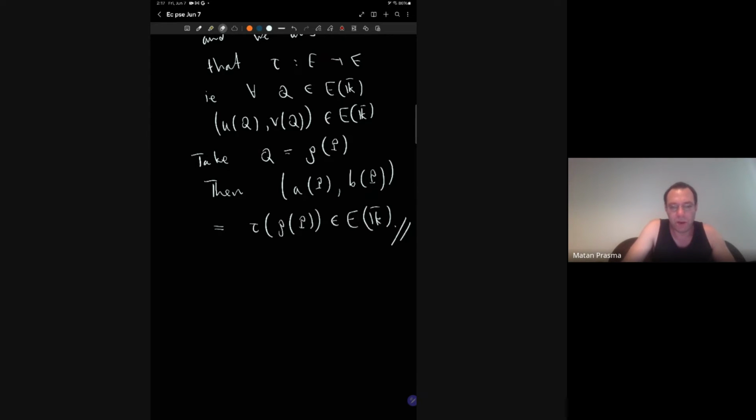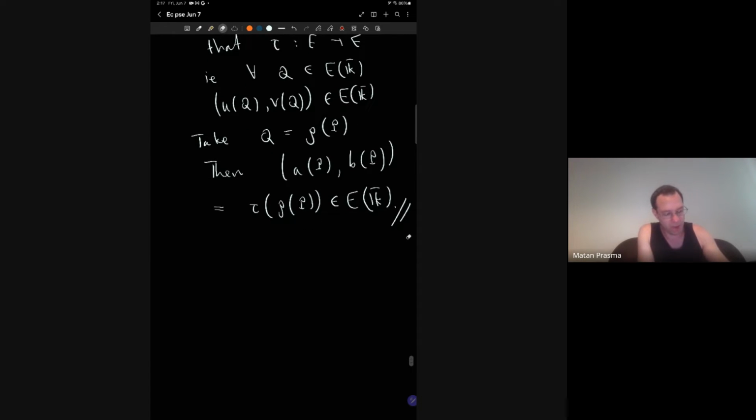Now that we know that the composition of rational functions is a rational function, we can move a bit better between elliptic curves.